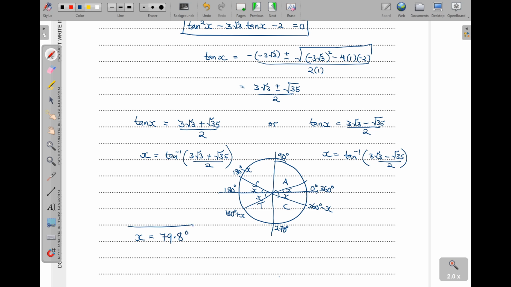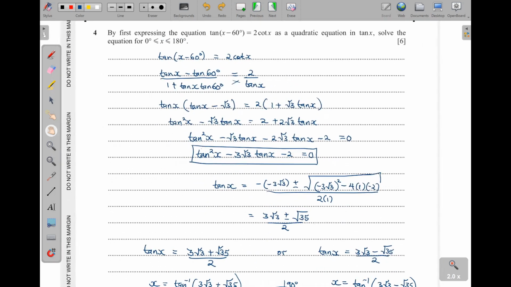That is one answer. The other answer, because this is a positive value, is where tan is positive, in the first quadrant and third quadrant. So this value that I've gotten here is the acute angle, and I can add it to 180. Now, when I add it to 180, the answer is going to be beyond 180, and yet our domain doesn't exceed 180.